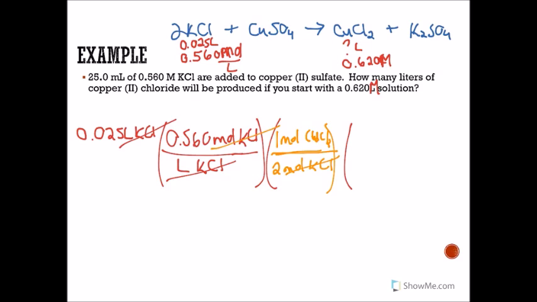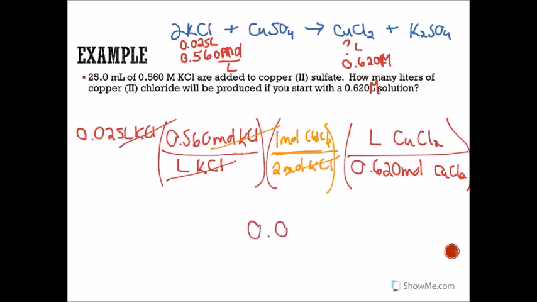We'll need moles of copper 2 chloride on the bottom, so 0.620 moles of copper 2 chloride goes on the bottom, and therefore liters of copper 2 chloride goes on the top. If we divide all that out, we get a final answer of 0.0113 liters of copper 2 chloride. There we go.